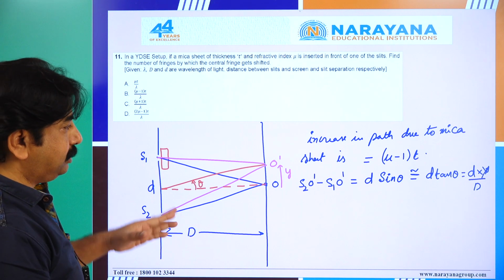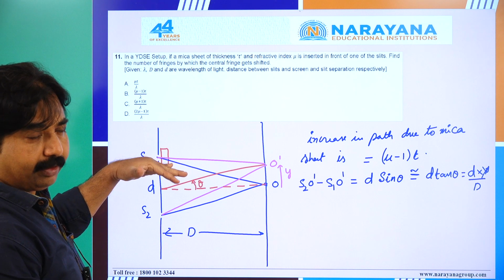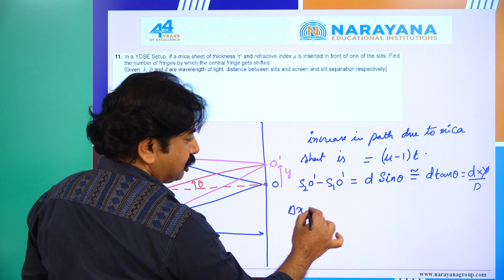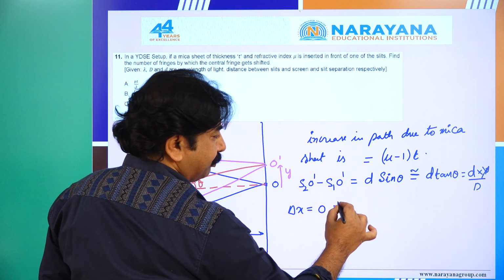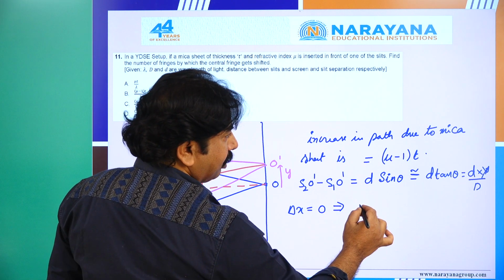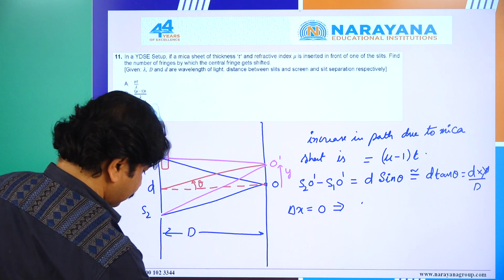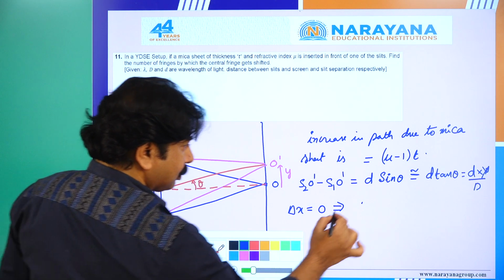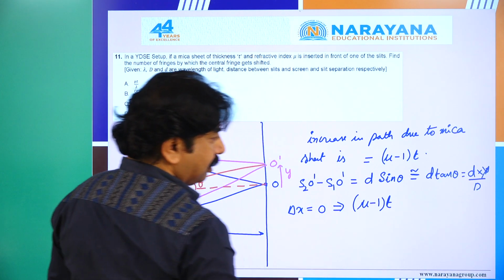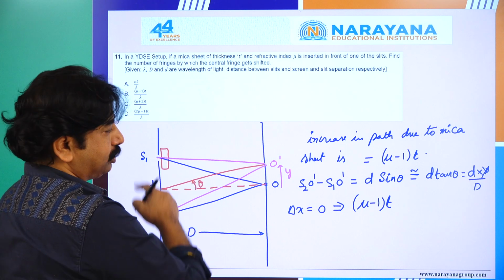Means actually here geometrically it is dominating, optically it is dominating. Now for the net path difference, delta x should be 0. That implies delta x is equal to 0, meaning (mu minus 1) into t is the optical increase in path due to the mica sheet.